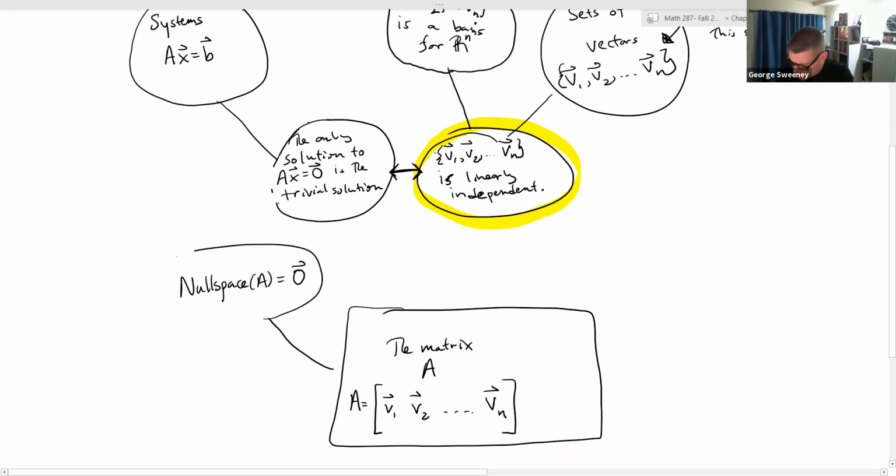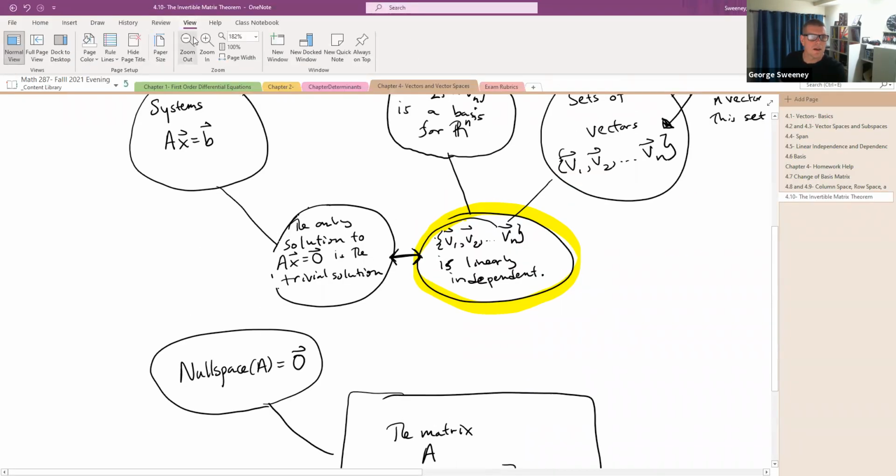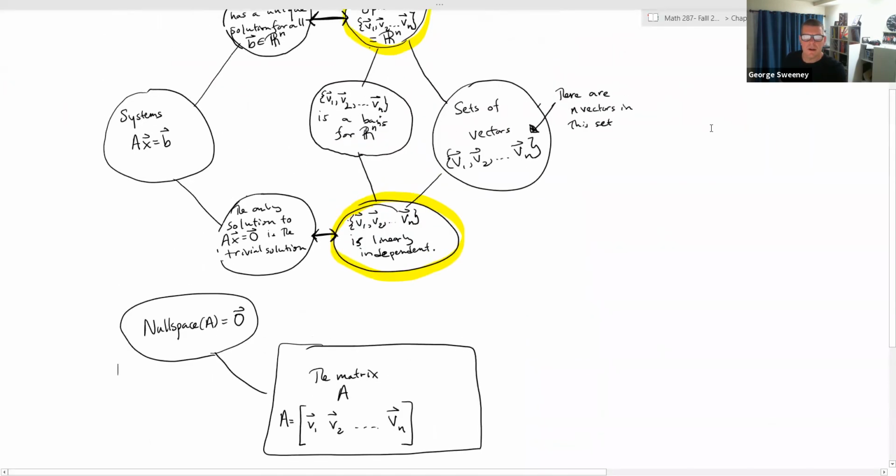What should I connect the null space of A equals 0 to? Think about that. What does it mean to be a null space? Which one of these ideas should I match up the null space of A equals 0 with?